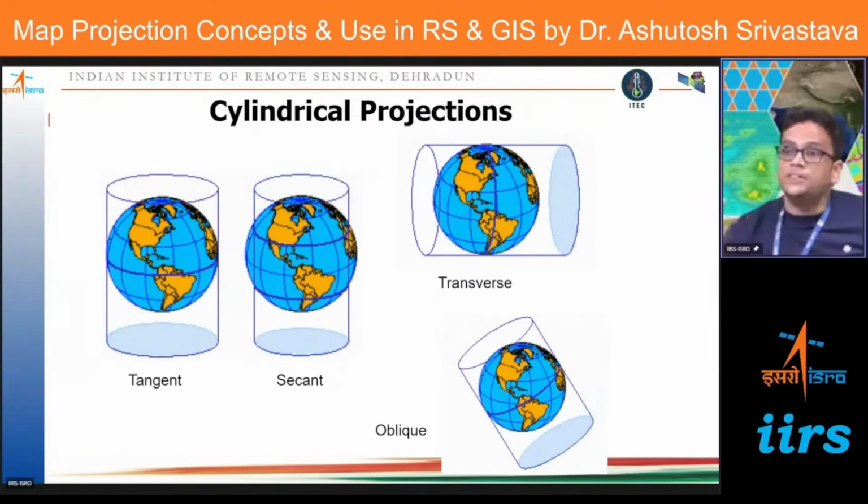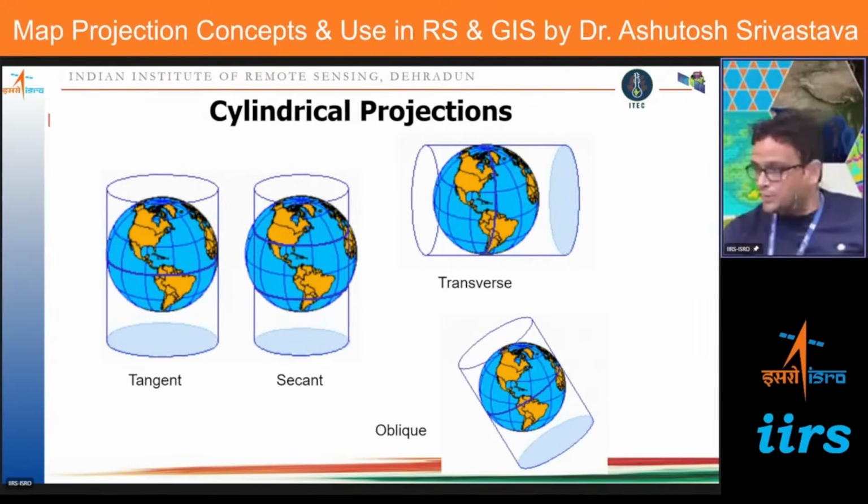A lot of combinations can be there. That's why many different map projections can be there. One ellipsoid you take and different projections you can get from that. When we have different projections, we need to select a projection which is more suitable for our objective.